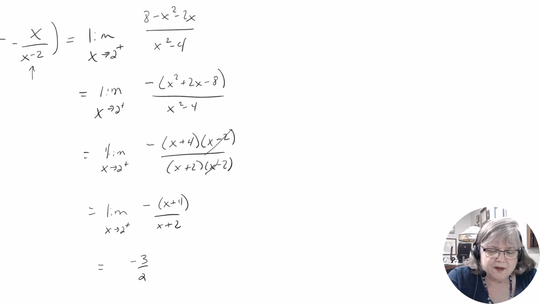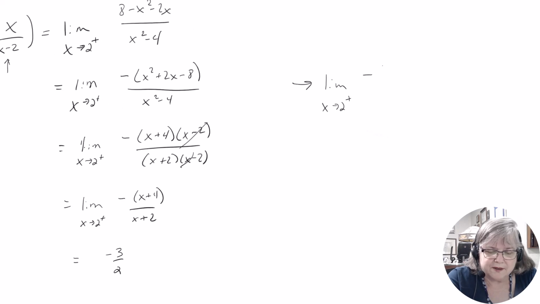Okay? Now, if you had taken this part right here and come over here, you'd have the limit as x goes to 2 from the positive side of minus 2x plus 2 over 2x. Okay? And so this is not 0 over 0 because I applied L'Hopital's rule here.